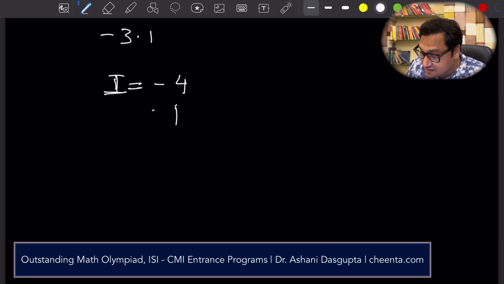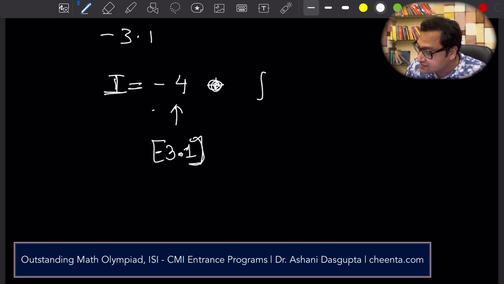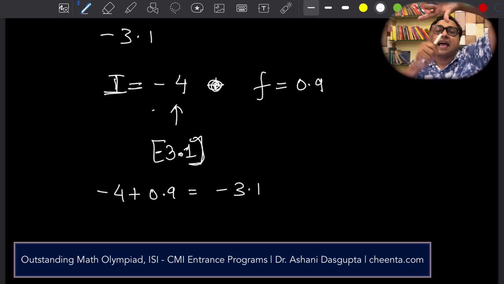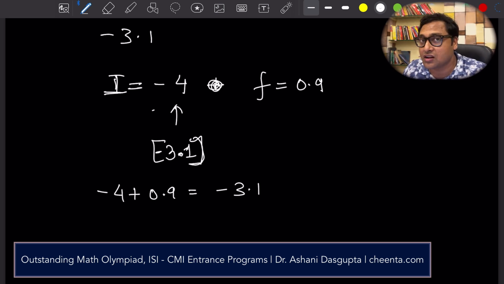This is the greatest integer function of negative 3.1, plus f, which is 0.9. So notice that negative 4 plus 0.9 is indeed negative 3.1. This is the standard way to attack these problems. You split the number x into I and f, and then you start solving the problem.